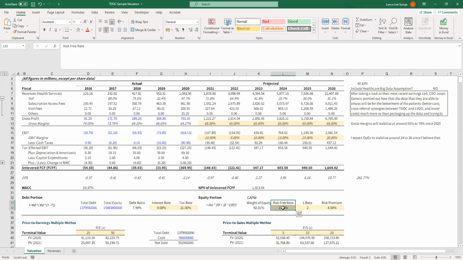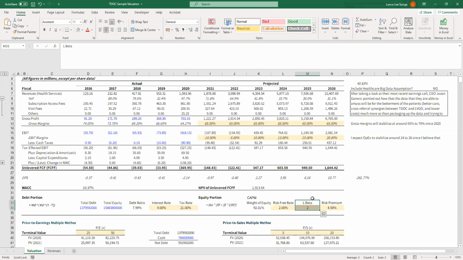So again, the risk-free rate would come from the US 10-year treasury bond. At least that's the standard benchmark for risk-free rate. Right. And then beta, levered beta, you can just search it. So Reuters or Bloomberg would have that data for you.